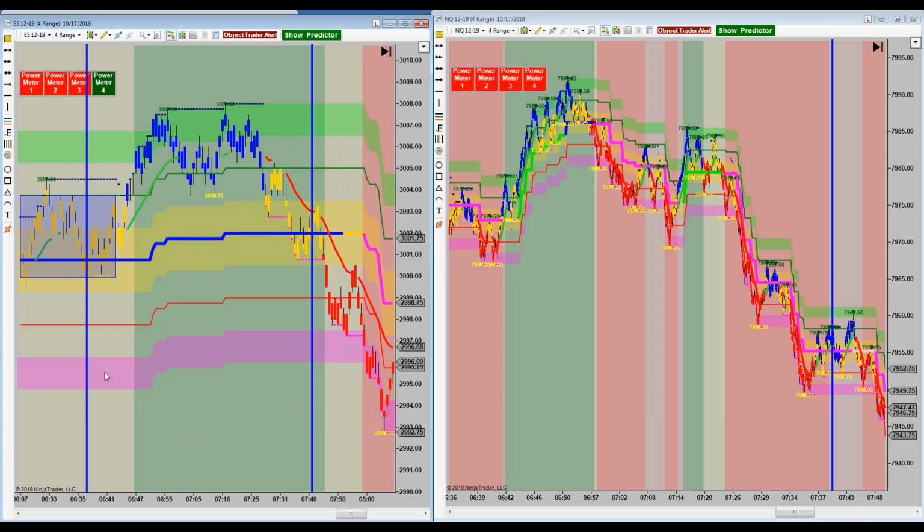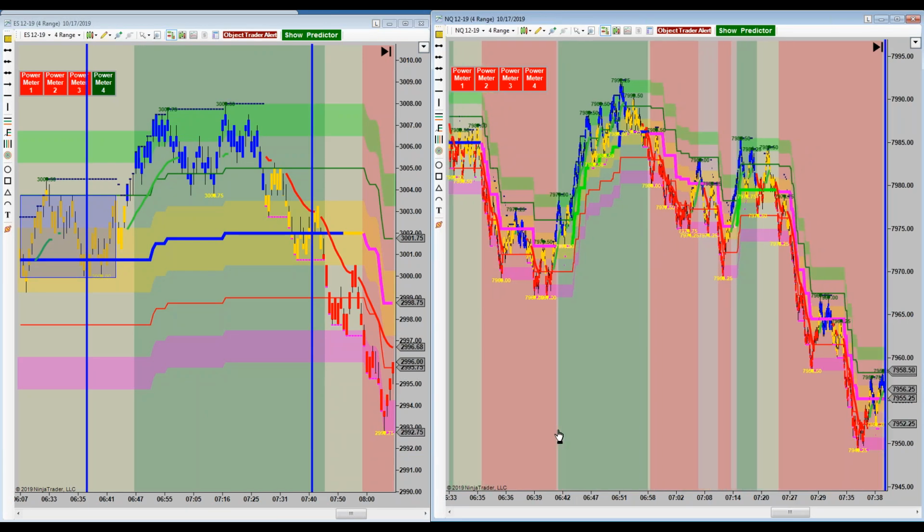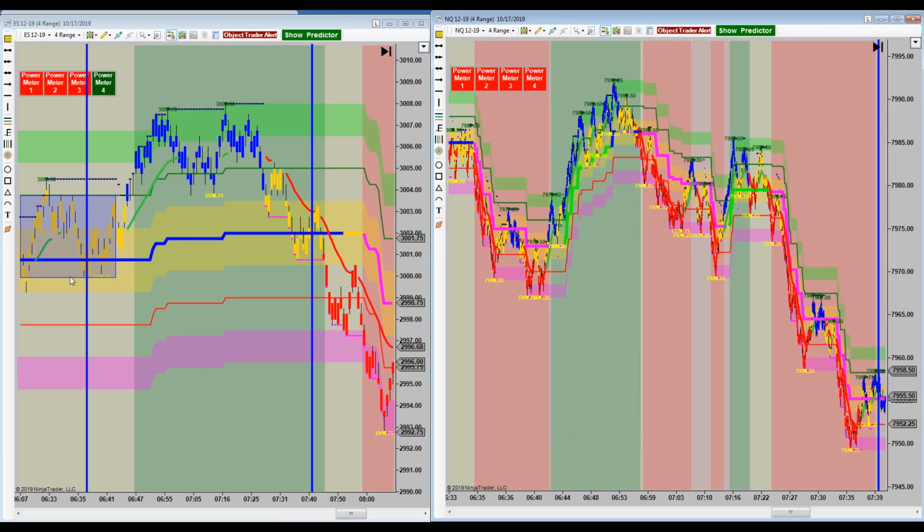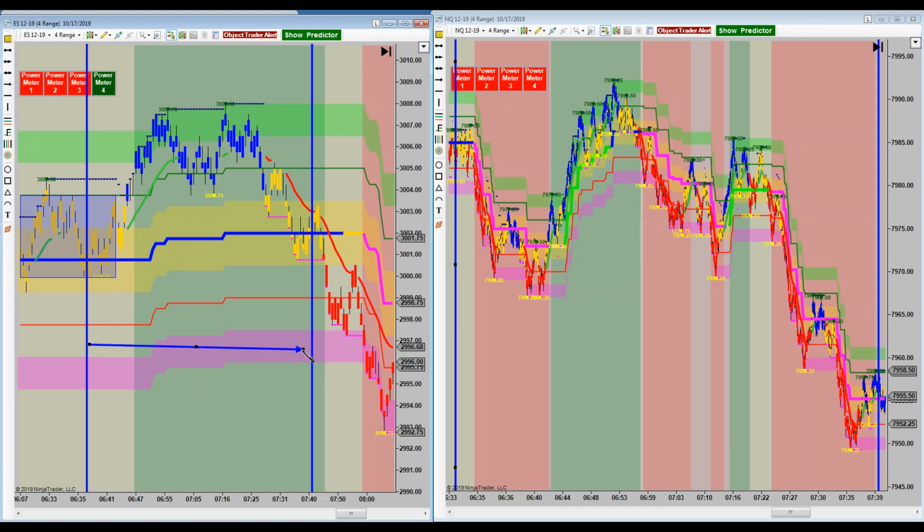All the movement between here and here, this movement right here contained between these two vertical lines, is the same time-wise as between these two lines.